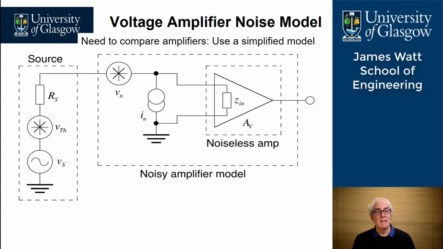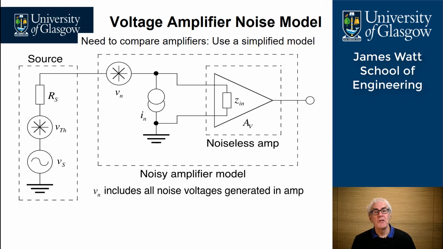It has a signal voltage, Vs, and associated with the source is a noise voltage, which we've called VTH or V Thevenin. We've also got an amplifier model, and here we've modelled a noisy amplifier, a real amplifier, with a noiseless amplifier, a perfect amplifier, and a noise current and a noise voltage associated with it at the inputs.